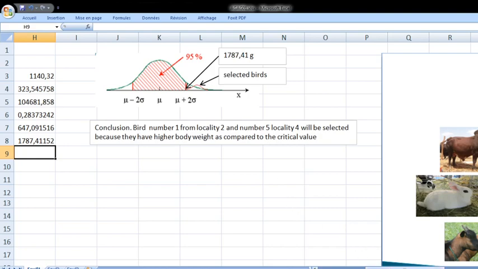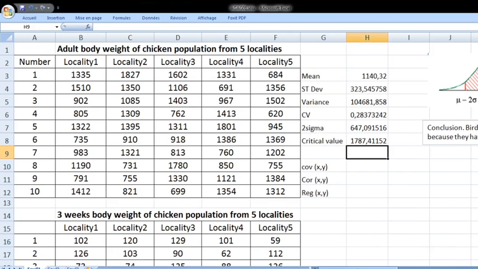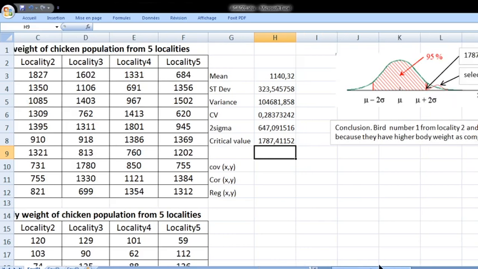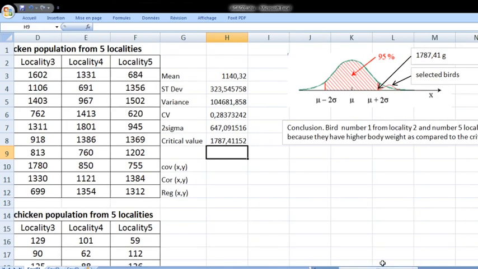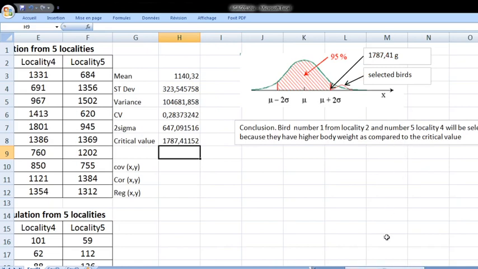Now in conclusion, when we go through our data, we realize that we have only the animals number 1 of locality 2 and then number 5 of locality 4 that perform at least equal or more than the critical value. So only those 2 animals are going to be considered, hence our conclusion.